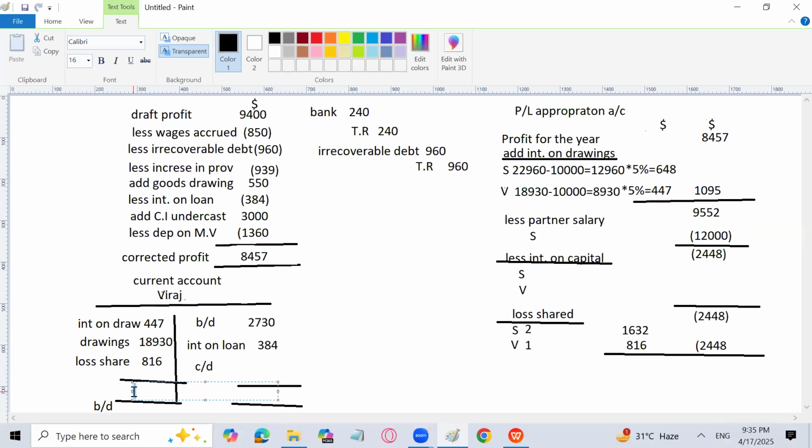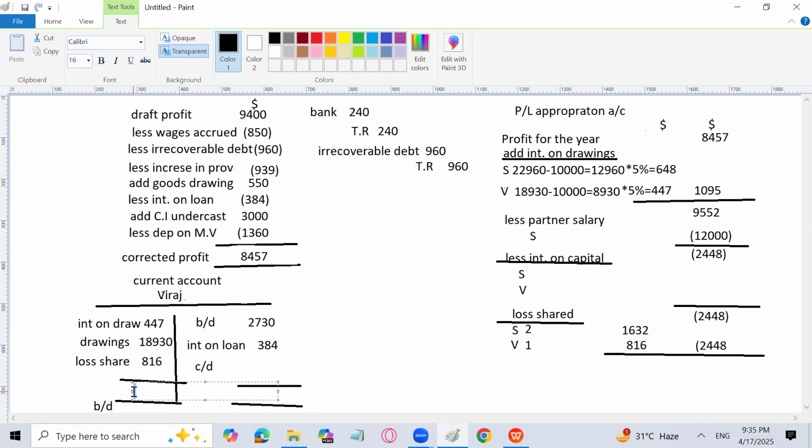Total of the debit side, I must say. Okay, let me calculate myself.